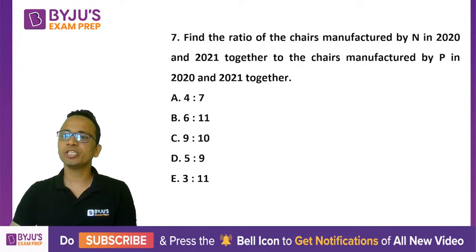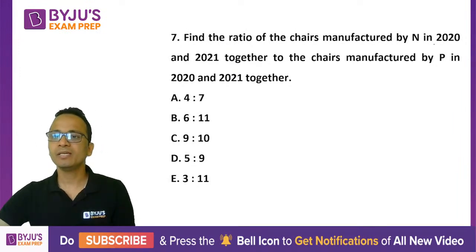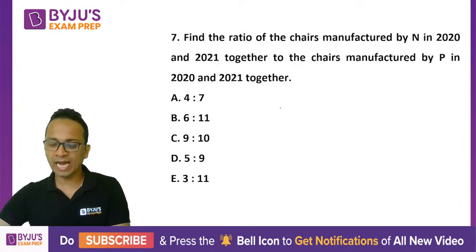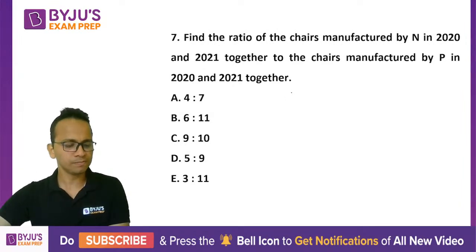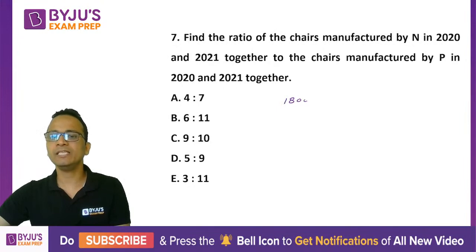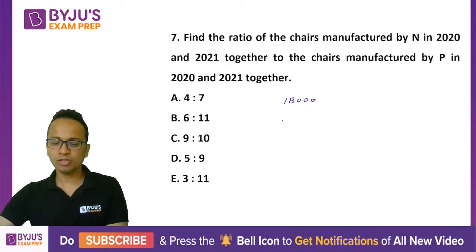Question number 7. Find the ratio of the chairs manufactured by N in 2020 and 2021 together. So N in 2020 and 2021 together, it is 10,000 plus 8,000, that is 18,000. And we have to find the ratio of this number to the chairs manufactured by P in both the years.